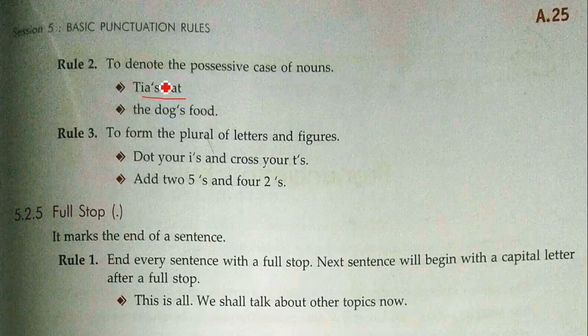Tia's hat, showing possession, or we can say the hat of Tia. The dog's food, the food for the dog. It is also used in the plural form of letters and figures, like 5's and 2's.